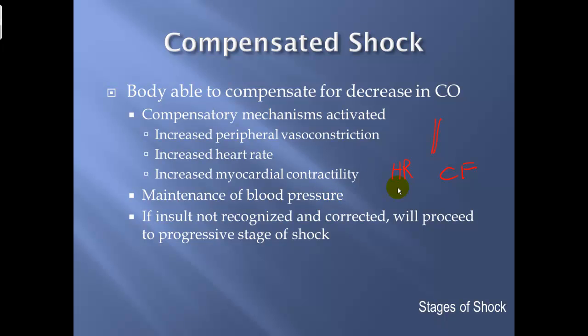And an increase in peripheral vasoconstriction or peripheral vascular resistance. All three of these things are increased. Maintenance of blood pressure. If the insult is not recognized and corrected, it will proceed to progressive stages of shock or decompensated shock.